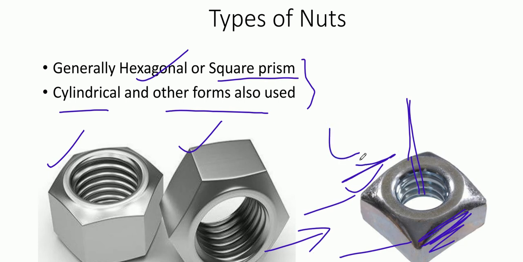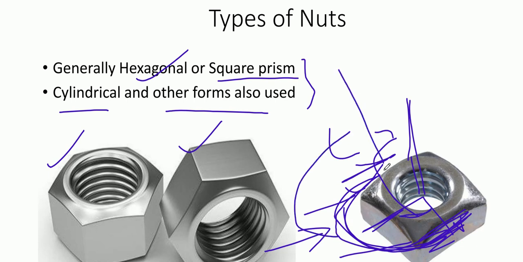You have to take a wrench or spanner, hold it, and then rotate it. To turn this face to this side, we need to rotate 90 degrees with the spanner.